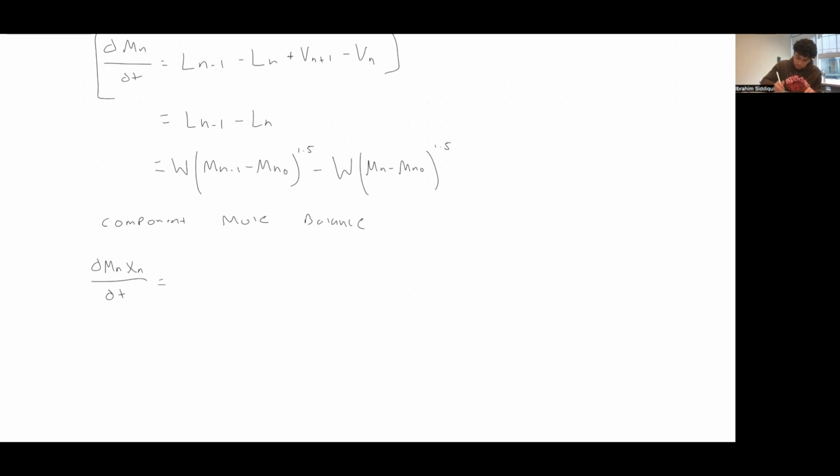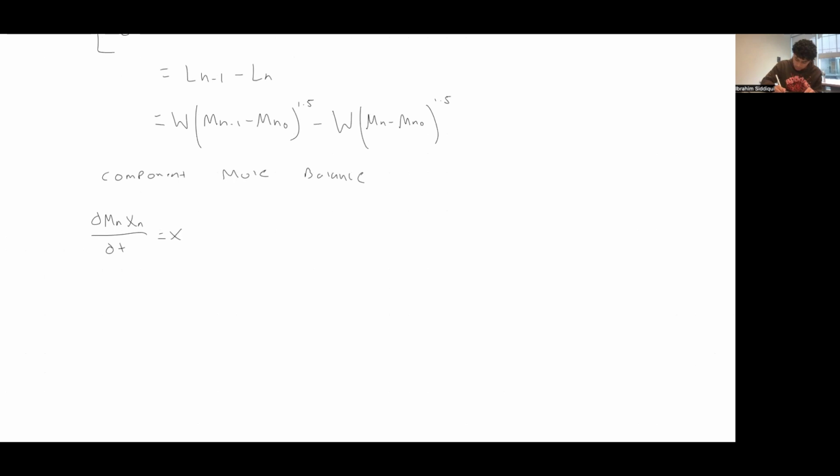It's going to look a little long: x_{n-1} multiplied by L_{n-1}, minus x_n multiplied by L_n, plus y_{n+1} multiplied by V_{n+1}, and then minus y_n multiplied by V_n.